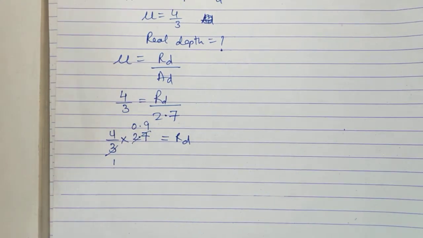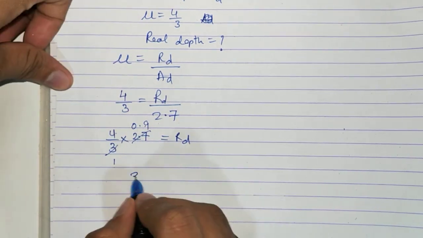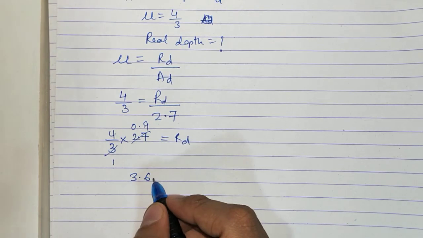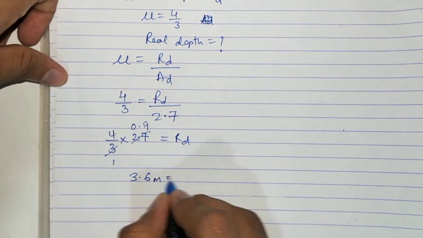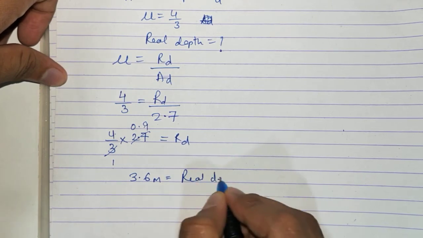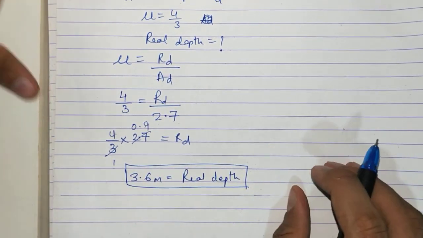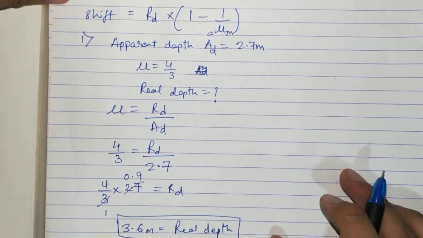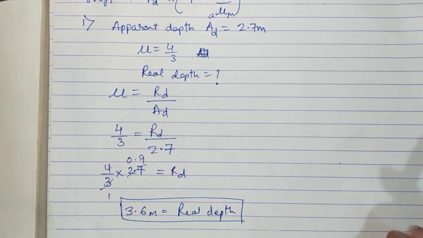Multiply this 0.9 with 4, you will get the answer as 3.6 meters. Your answer for real depth is 3.6 meters. We used this first formula. Copy the sum.